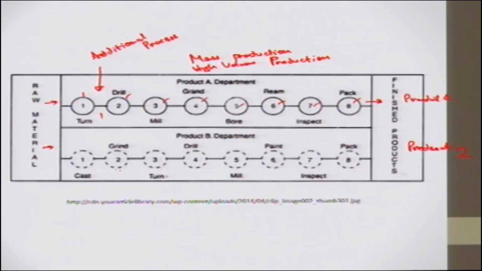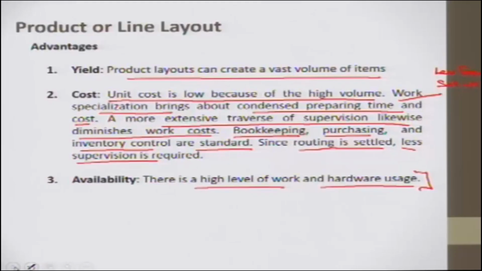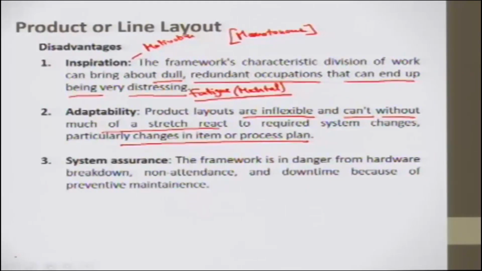I have to shift all these machines forward to provide a space for another process here. So flexibility is lesser here. So this is also a disadvantage here.